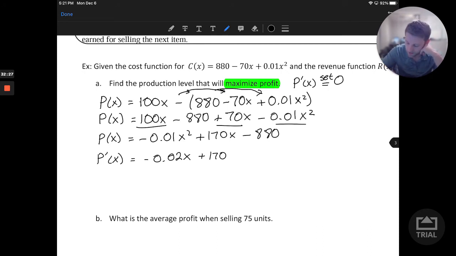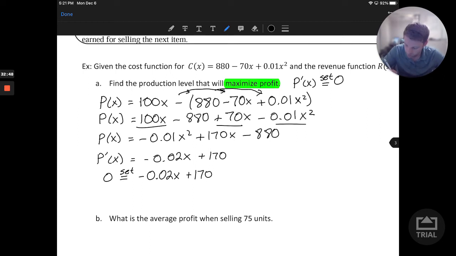So we now can set this derivative equal to 0. We'll go ahead and set this equal to 0 and solve for that production level. There should be only one solution here.